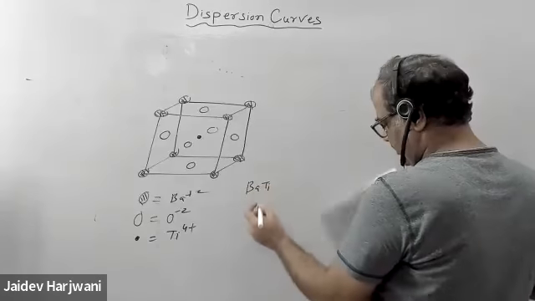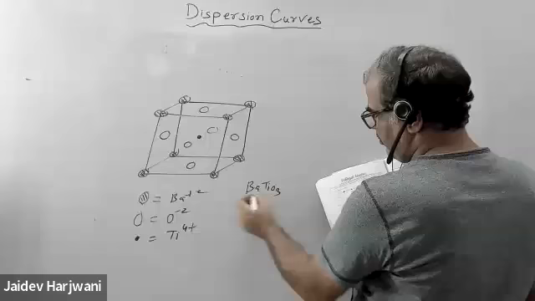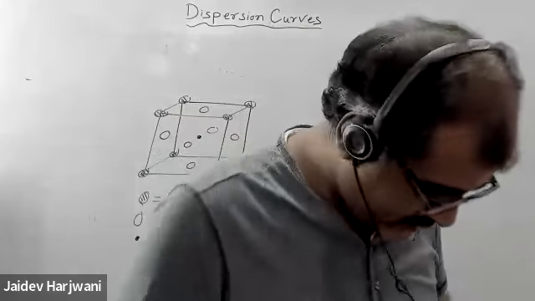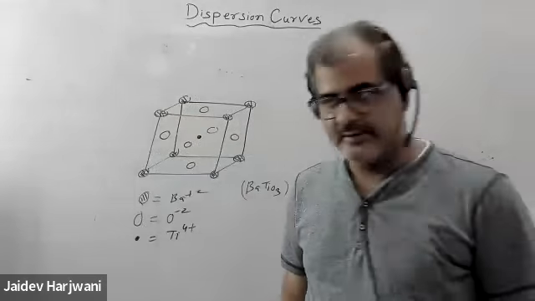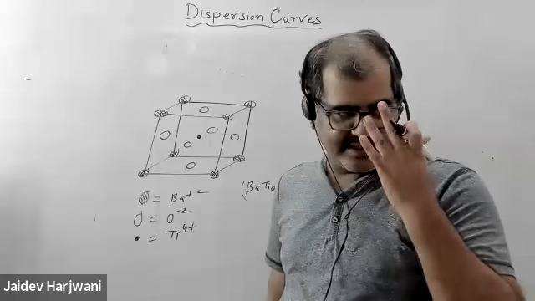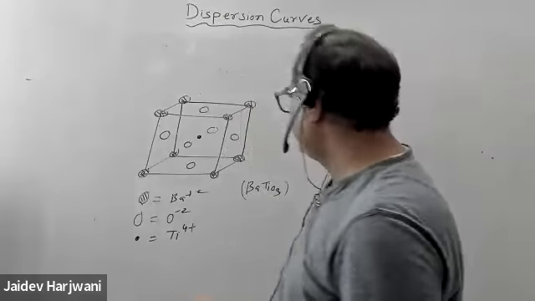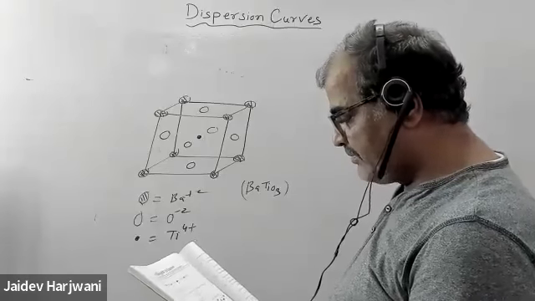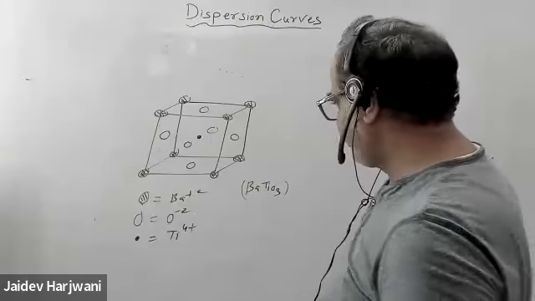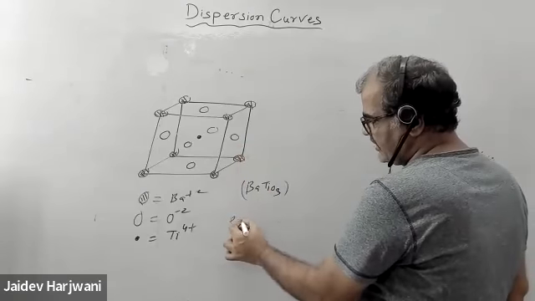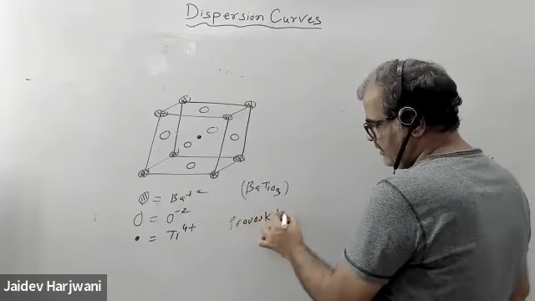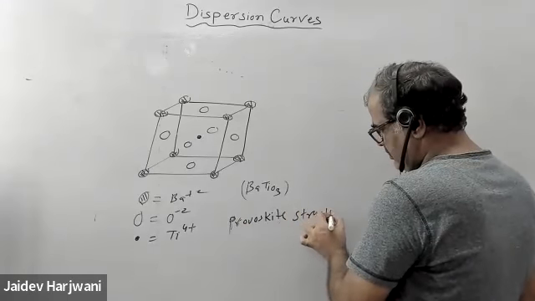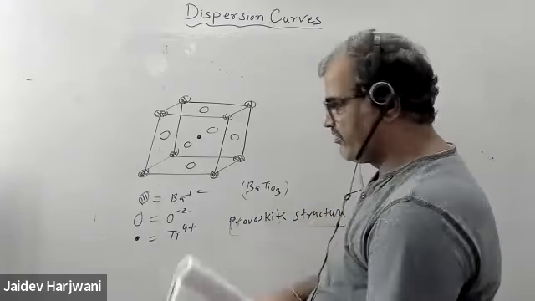It is a very important ceramic, used in superconductors and dielectrics, with many applications, also solid cells. A lot of work is going on with this material. You say barium titanate crystal is a cubic perovskite structure. So this is your perovskite structure.